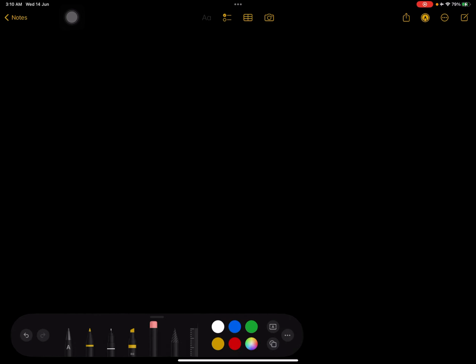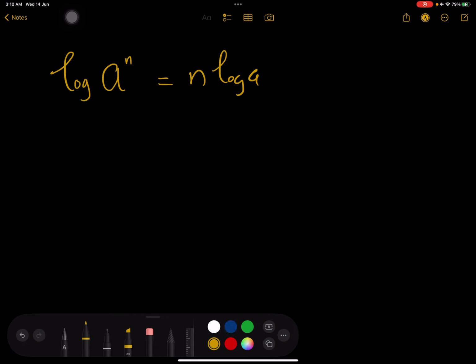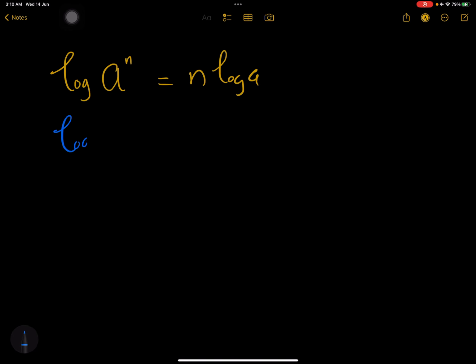The fourth law says that if you have log of A to the power of n, it's the same thing as n, dropping the n at the back of the log A. So an example of that is, let's say I have log 8 to the power of 3. I have to drop the 3 behind the log 8.